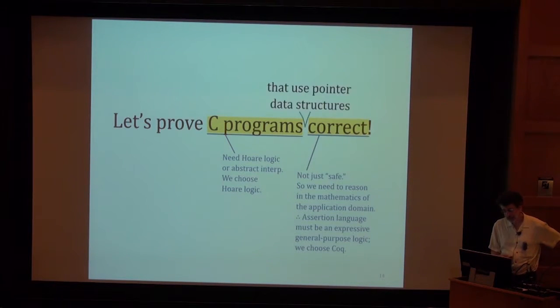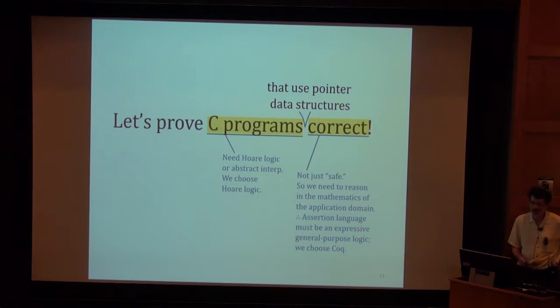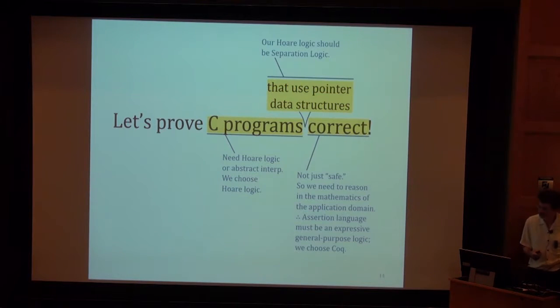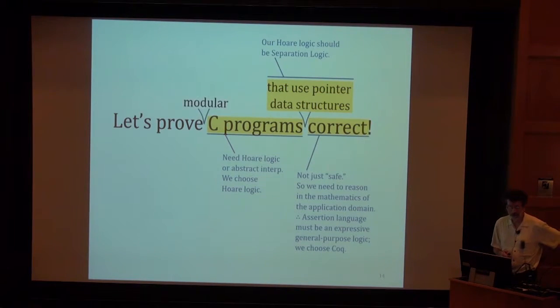Okay, C programs have data structures. We want to prove C programs that use pointer data structures correct. And 20th century Hoare logic isn't very good at data structures, so we will use 21st century Hoare logic, also known as separation logic. Okay, but these should be modular programs.